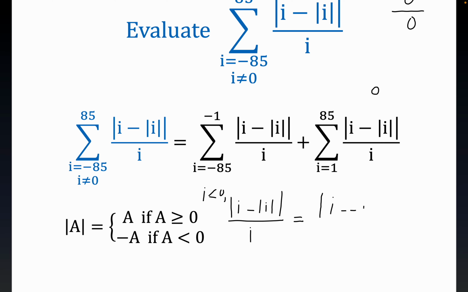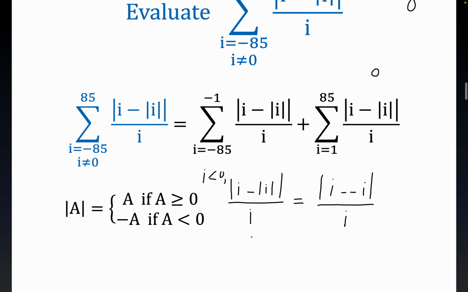And I could go ahead and simplify that right now, but I'm just leaving it that way for the sake of being illustrative here. So there we go. This remains unaltered. It's just a value of i that's less than 0, so we don't change it, right?